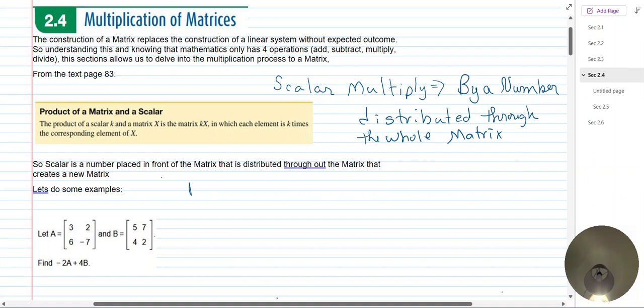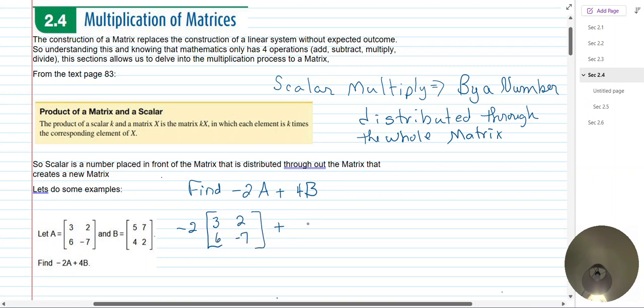Notice we want to find -2 times matrix A plus 4 times matrix B. So if we were doing this, we would say -2 in front of my matrix of 3, 2, 6, and -7.